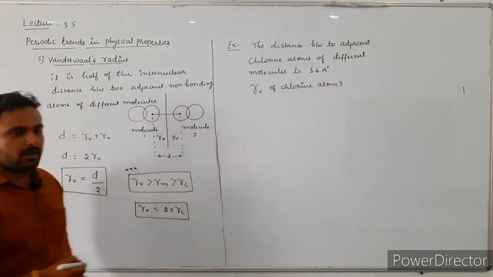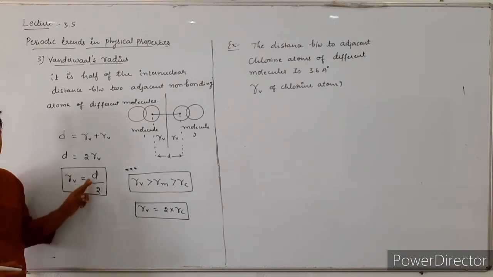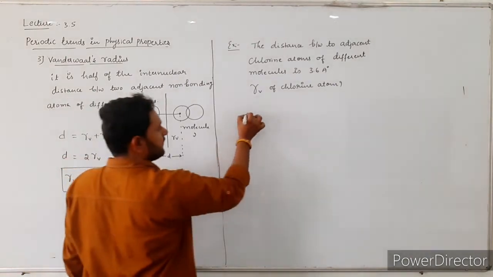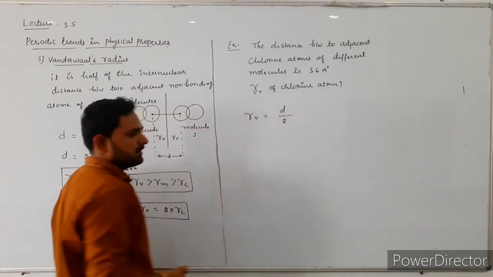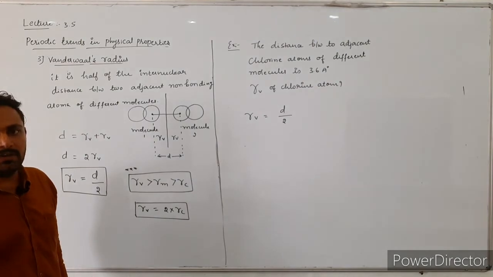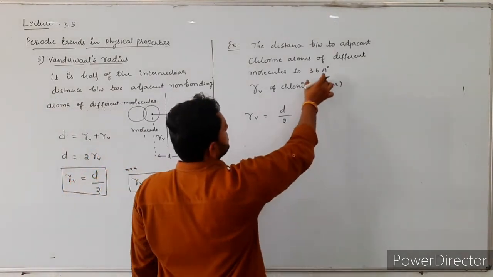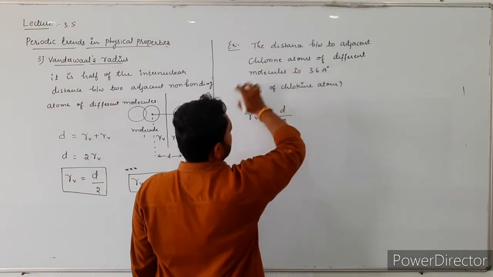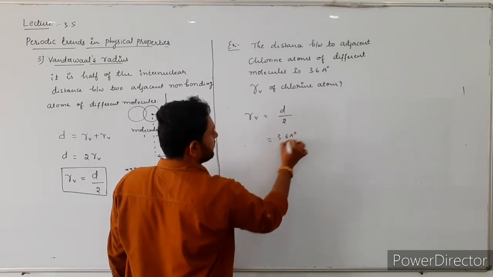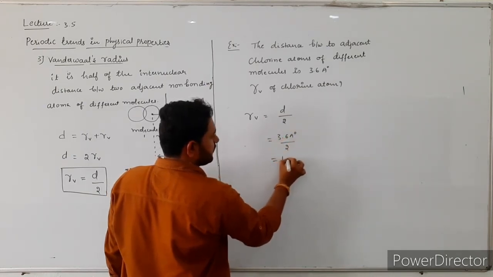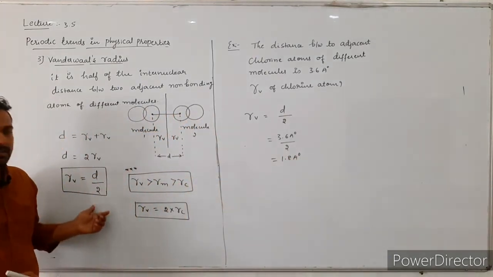What is the formula to calculate van der Waals radius? Van der Waals radius is equal to D by 2. What is D? It is the internuclear distance between two non-bonding atoms. Here what is the distance between two adjacent chlorine atoms? 3.6 angstrom. 3.6 angstrom divided by 2. You will get 1.8 angstrom. In this way we have to calculate van der Waals radius.